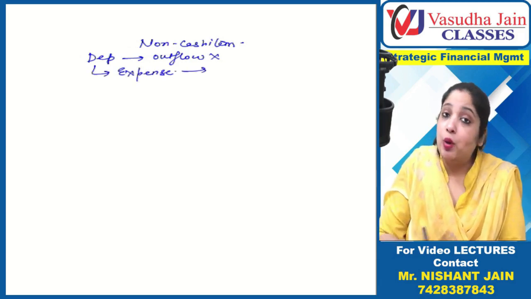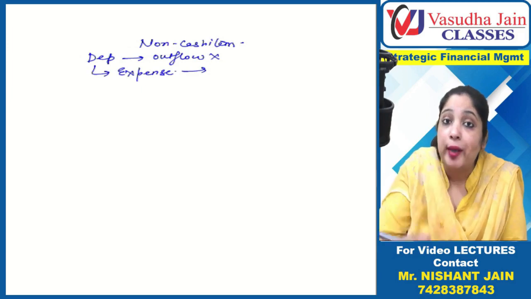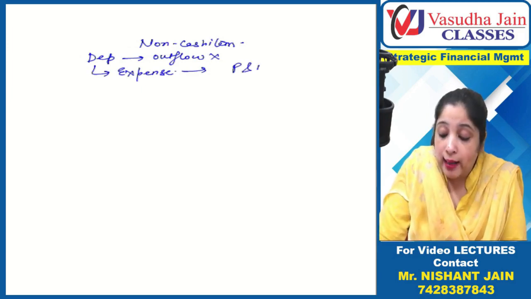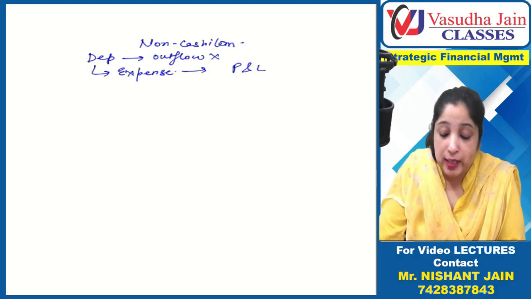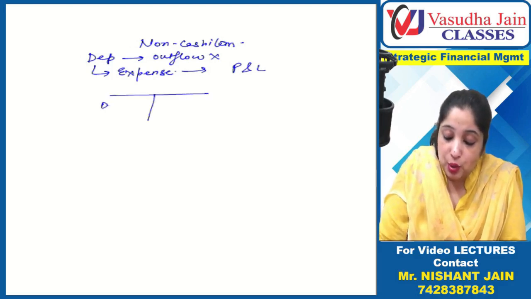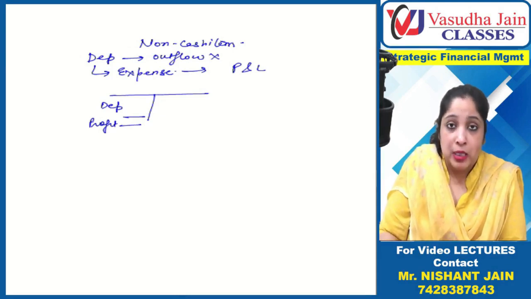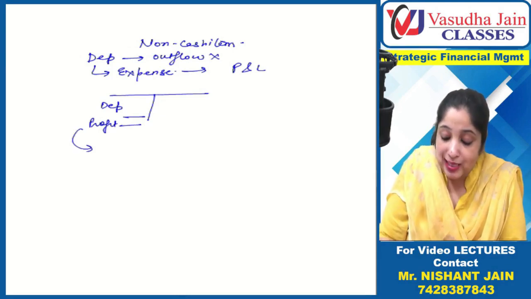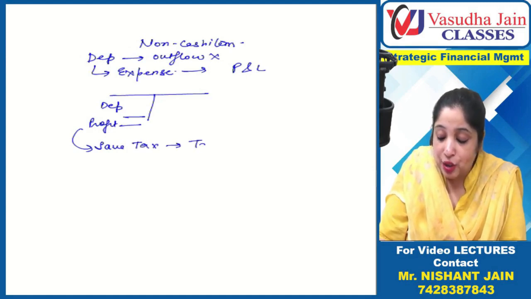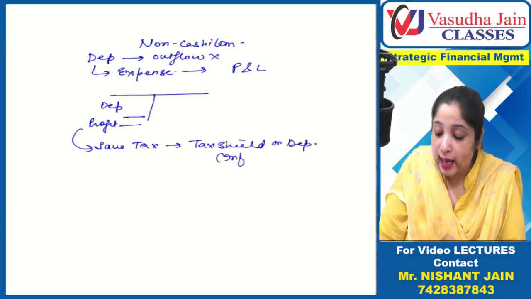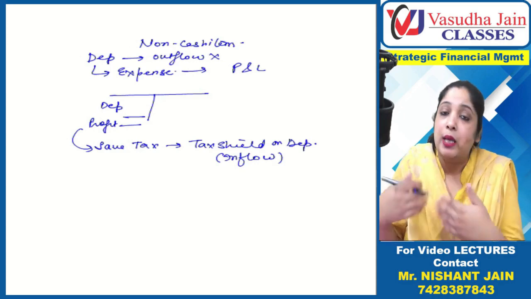An expense, I told you, is a beautiful thing because you can show it in the P&L account, and when you show depreciation as an expense in the P&L account, your profit is going to get reduced, and since profit is going to reduce, you will save tax. So you get a tax shield on depreciation expense, which is indirectly an inflow, otherwise tax would be an outflow.